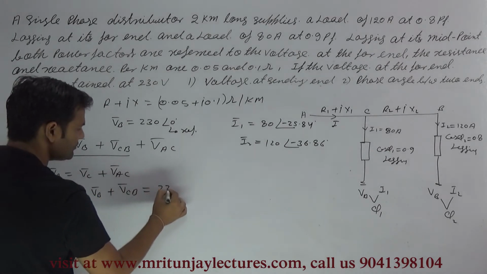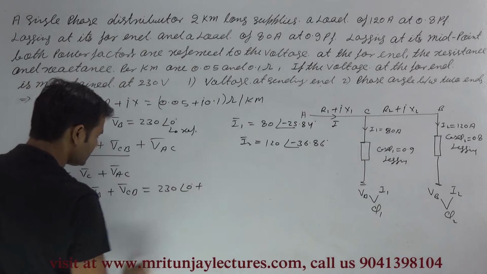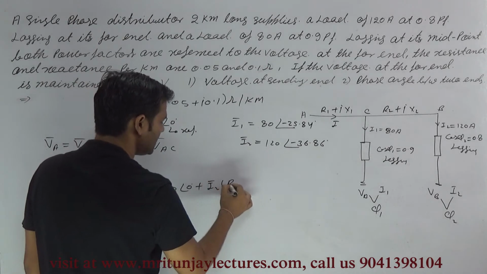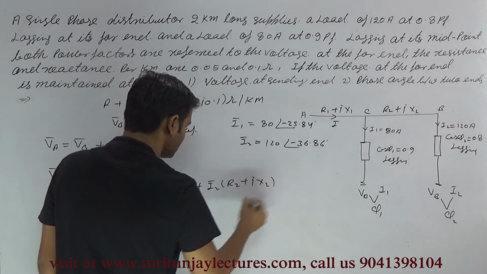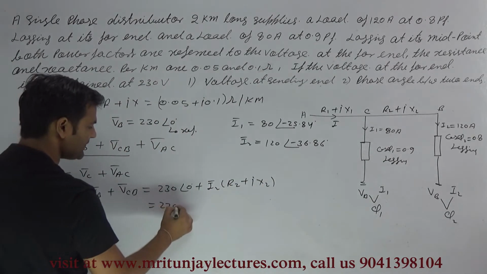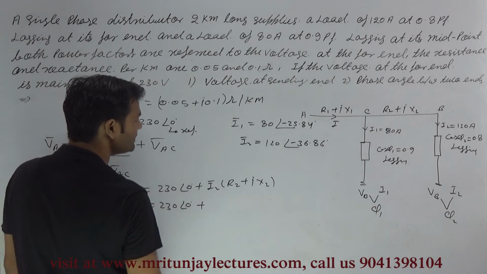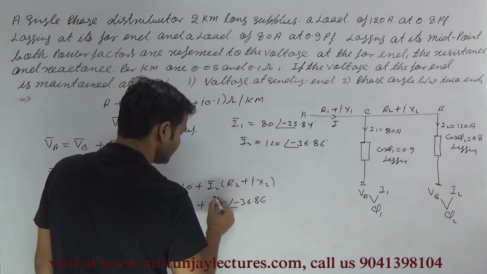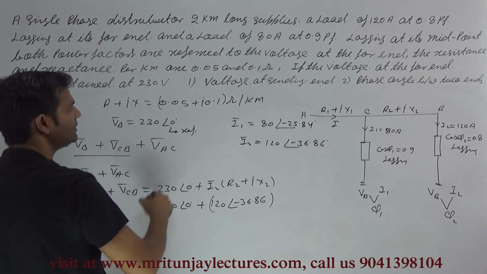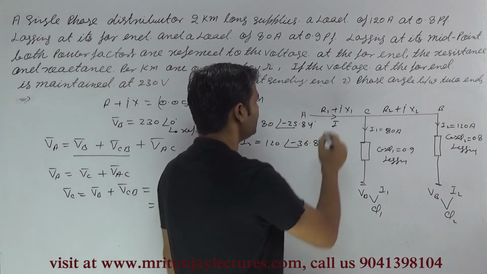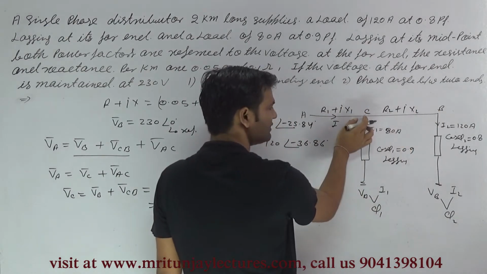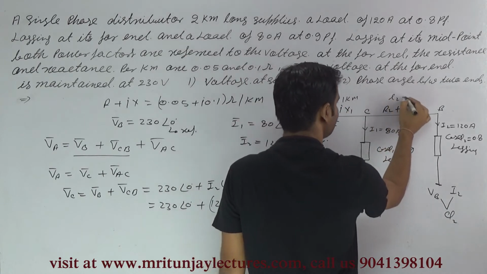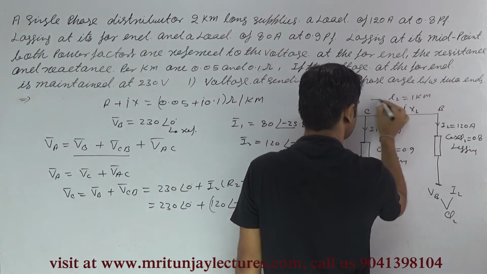VB is 230 at the angle 0 degree plus VCB, that is I2 into R2 plus jX2. So 230 at the angle 0 degree plus I2, which is 120 at the angle minus 36.86, times R2. The total length is 2 kilometer, and this is the midpoint, so L1 is 1 kilometer and L2 is also 1 kilometer.